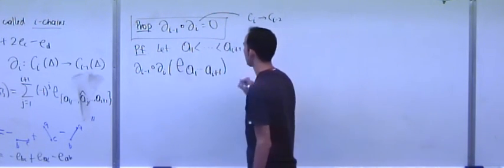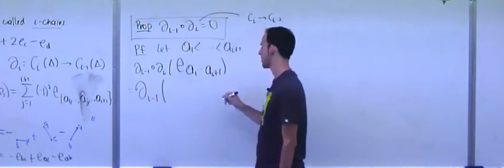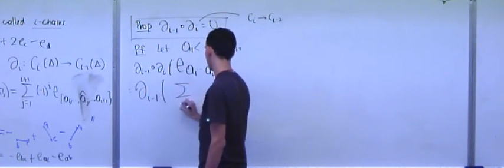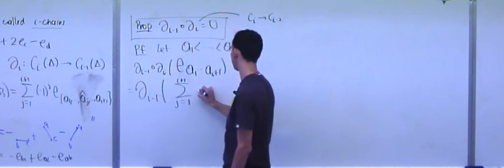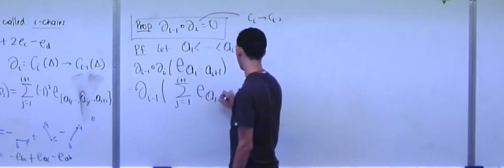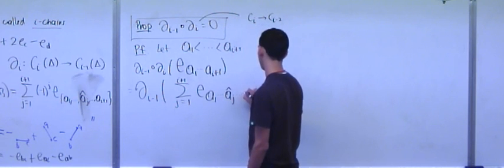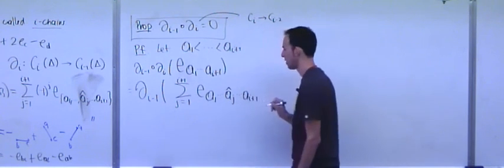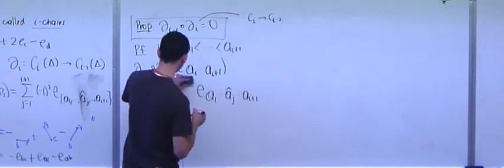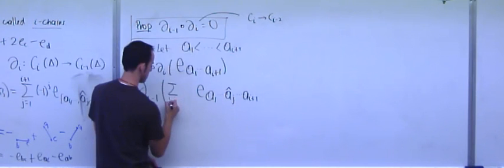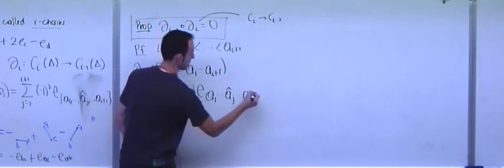Okay? So I just plug in. So delta_i of this guy is the summation from j=1 to i+1 of e_{a_1, ..., then I drop the jth guy, ..., a_{i+1}}. But I get that with a sign, right? Which I forgot. So the summation from j=1 to i+1 of (-1)^j times this guy.